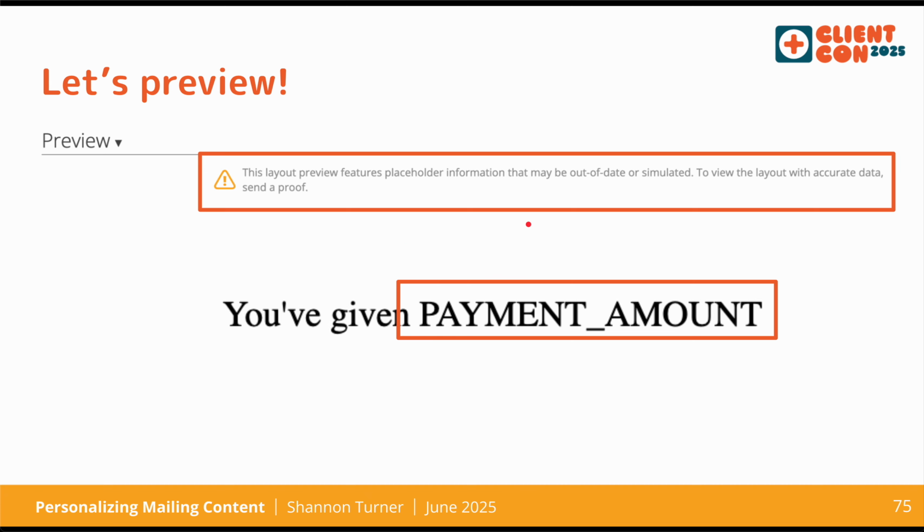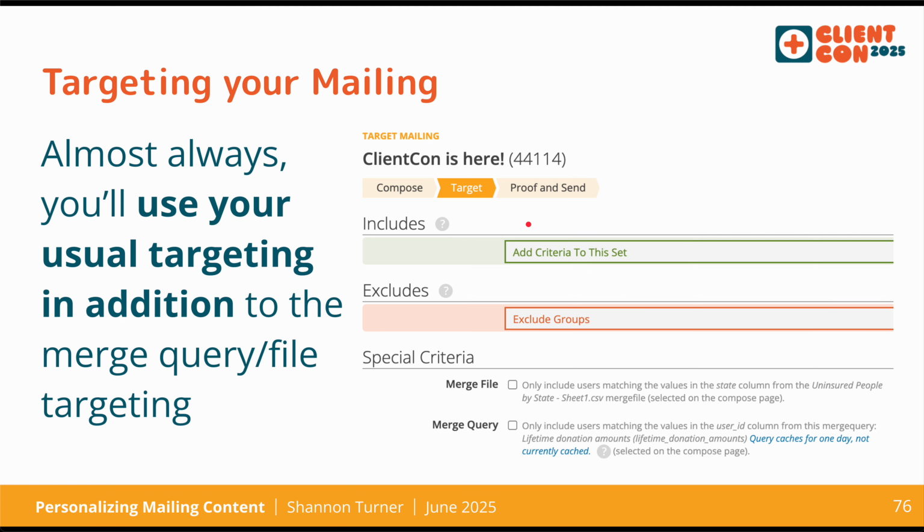So what this means is in order to actually see the value we expect, we either need to send ourselves a proof or we can build our targeting. So I'm going to build our targeting. On the targeting screen of our mailing, I'm going to save and move on to there.